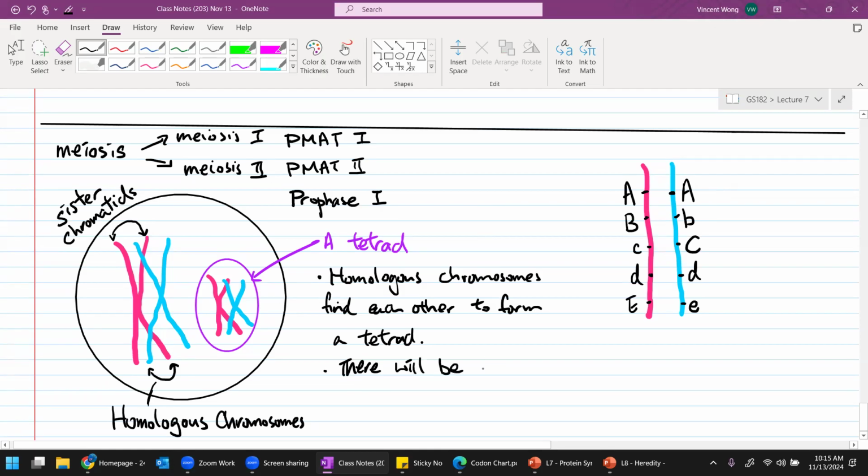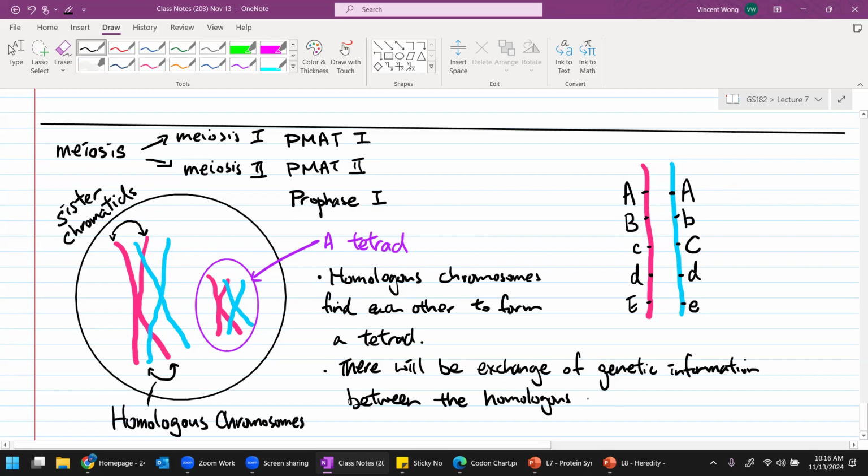There will be exchange of genetic information between the homologous chromosome.